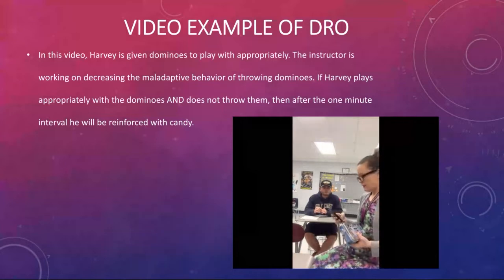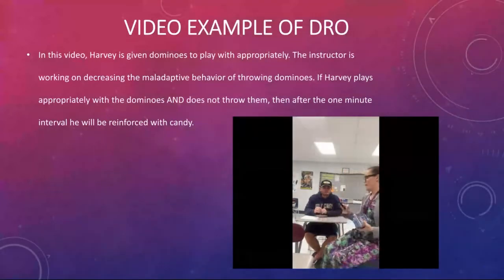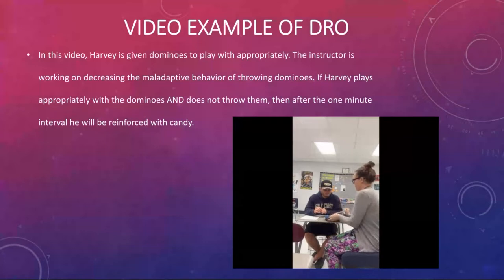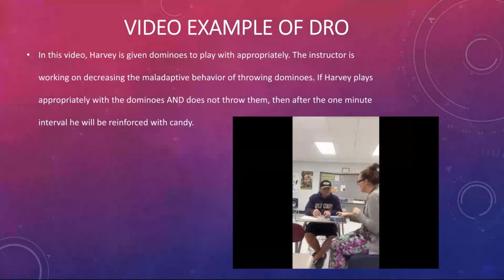All right, Harley. I am going to set the timer for 1 minute. If you can play with these dominoes the correct way and not throw them, then I'll give you some M&Ms at the end of the 1 minute, okay? And go.